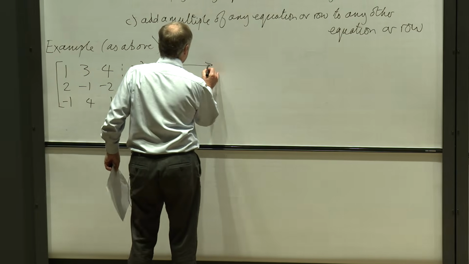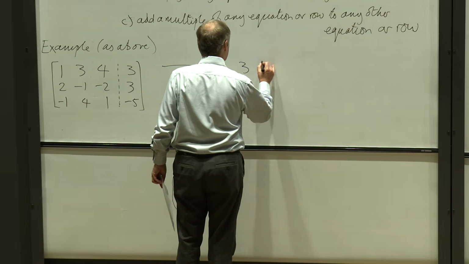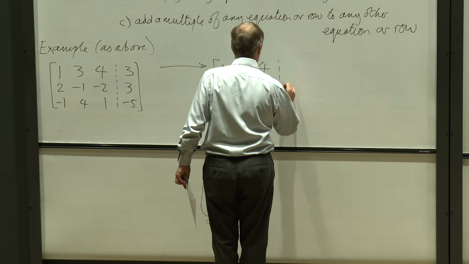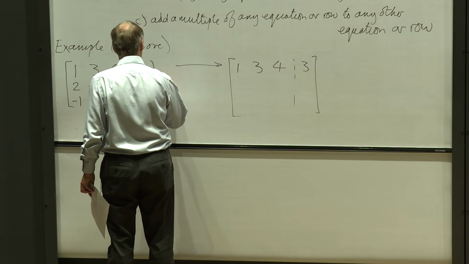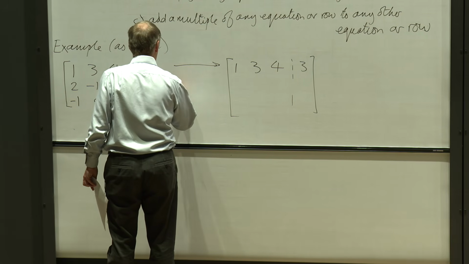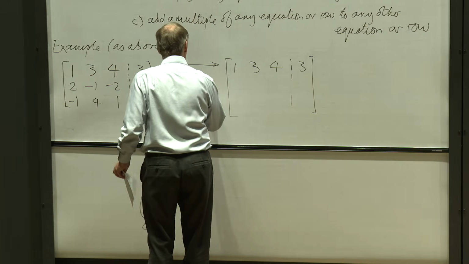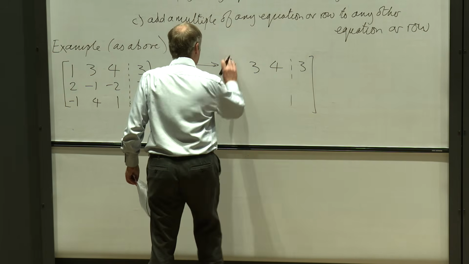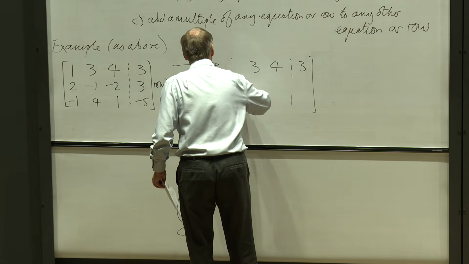So here we go. So 1, 3, 4, the partition and the 3. And then I'm going to do row 2 becomes row 2, plus minus 2, times row 1.